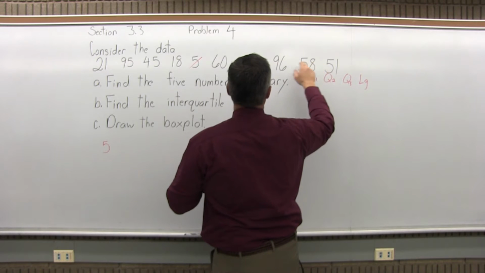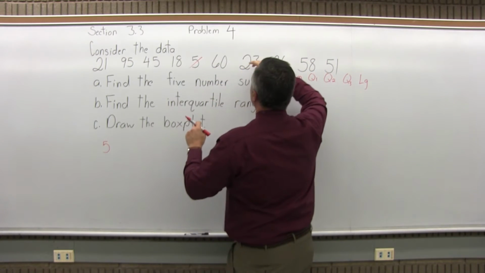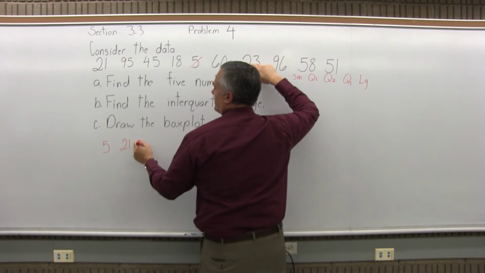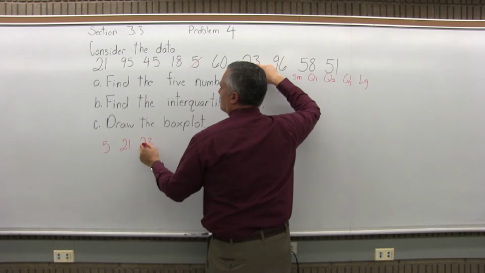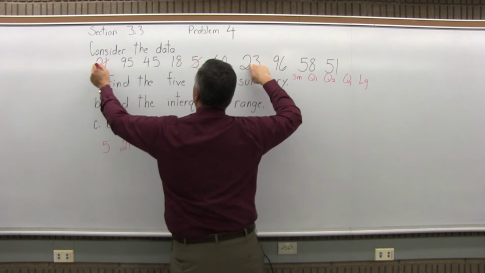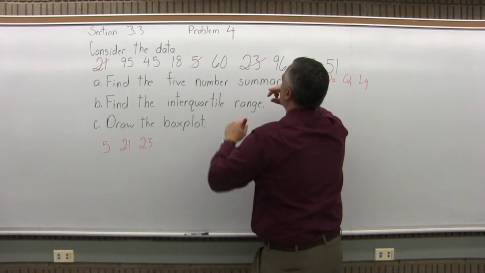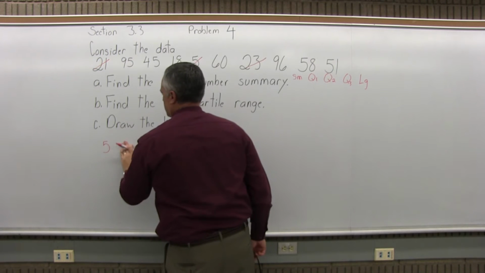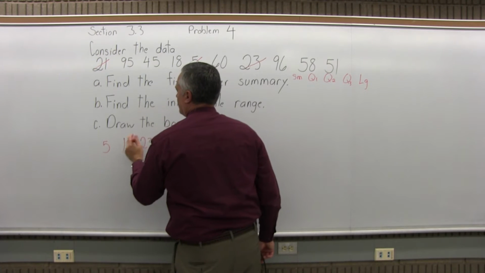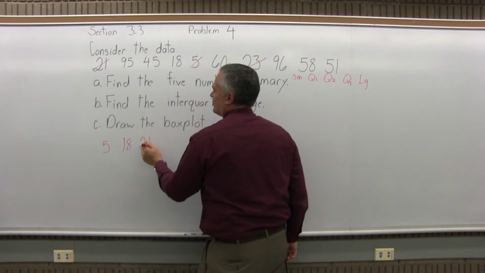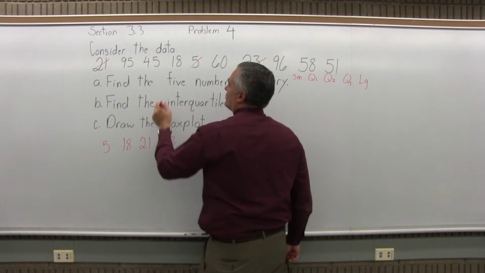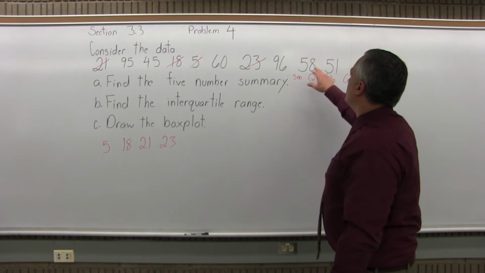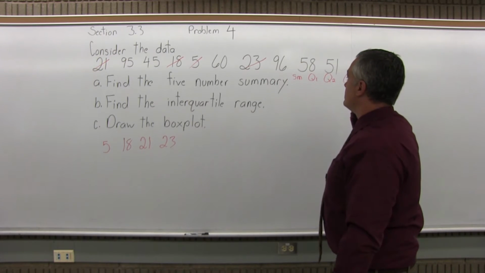And let's see, in the teens, I don't have any in the teens. Looks like 2 in the 20s, 21, 23. Oh, no, I missed 18. That's okay. 18, 21, 23. Now in the 30s, I don't see any.